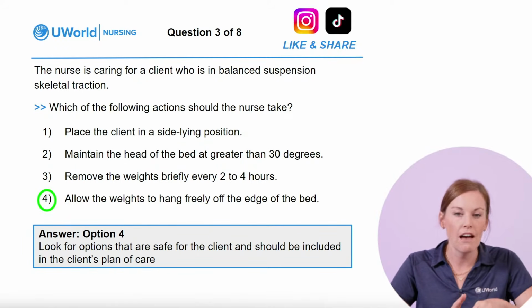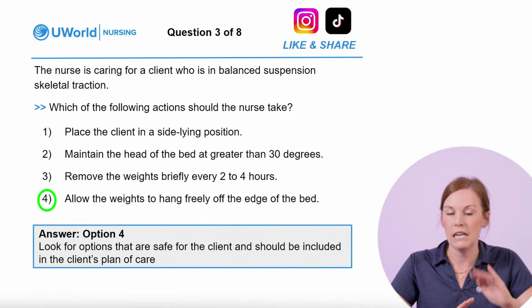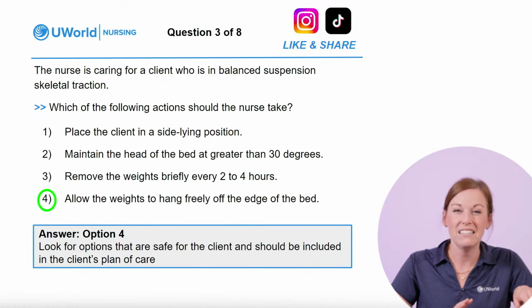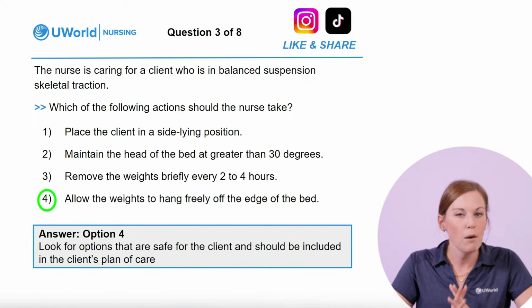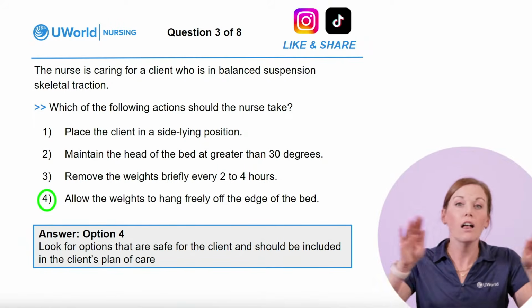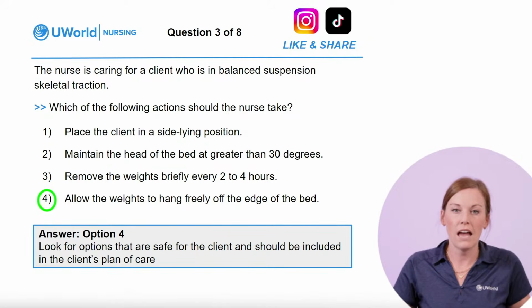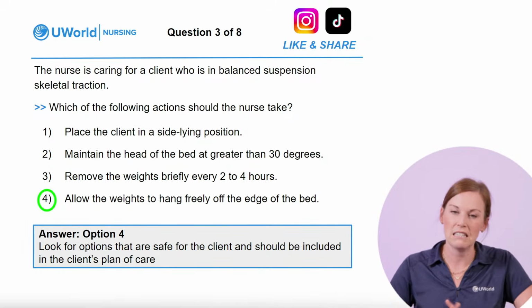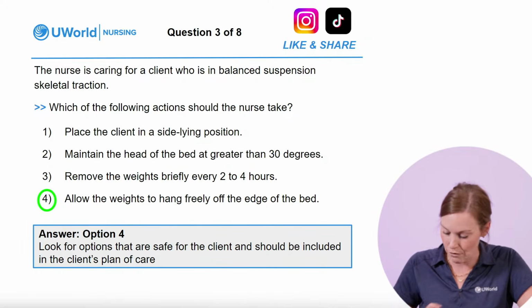We're never going to have frequent removing of the weights every 2 to 4 hours. We need the client in option 1 flat on their back, and the bed is typically low, as flat as it can be. So again, our correct answer is option 4. Skeletal traction is all about maintaining that equal weight, pulling, having tension against the bone, holding it stable. That's why we want those weights to hang freely.